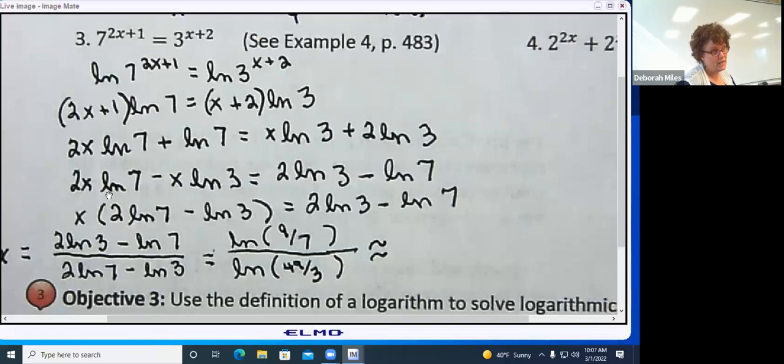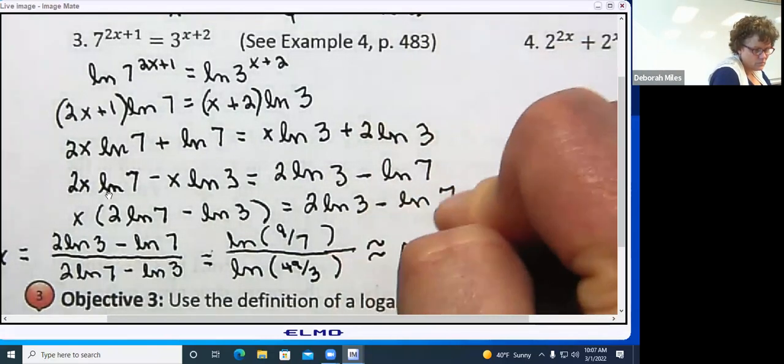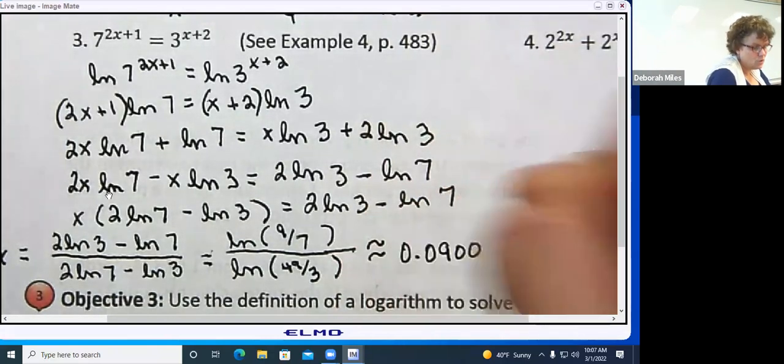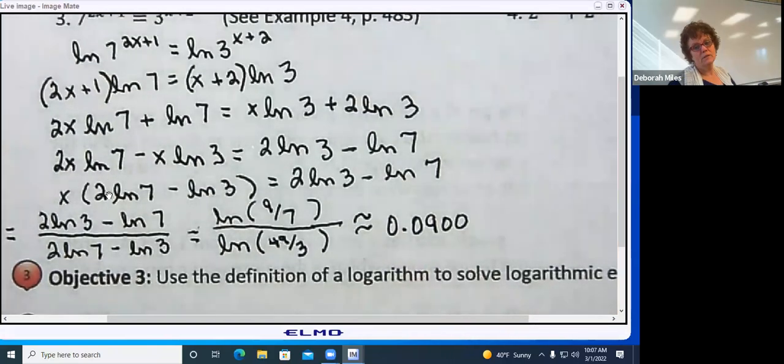I think this is going to be negative, isn't it? Okay, let's play like I didn't say that then. It's not a negative, it's something smaller than 1. Okay, what'd you get, Silas? 0.0900. 0.0900. Did I hear you right? Okay, so darn close to exactly 0.09. Any questions?